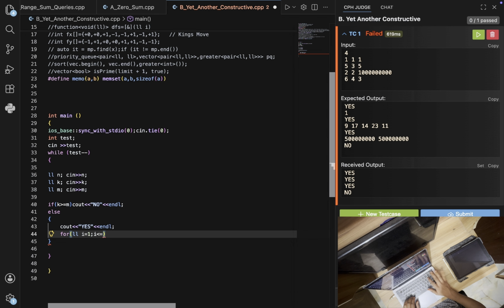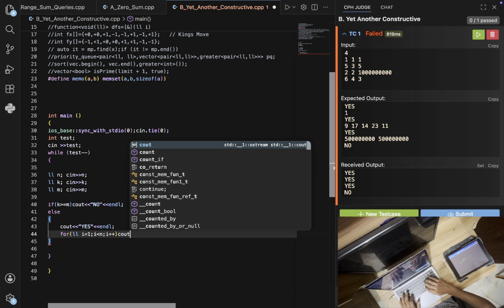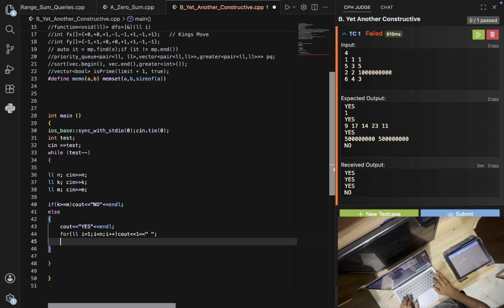Less than or equal to N. Length, it's the same, right? Less than N. Then just see out the number of length is, so K minus, is 2.